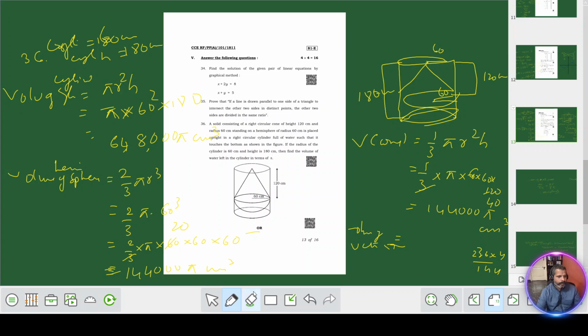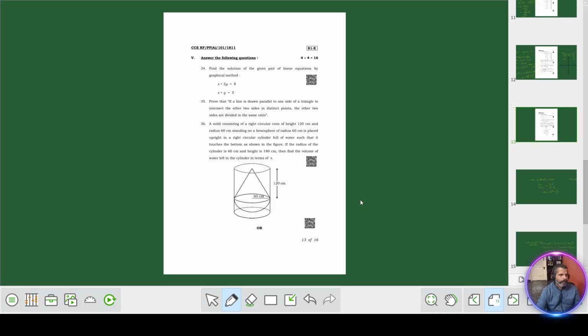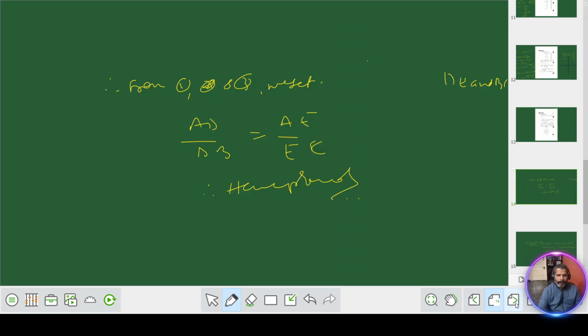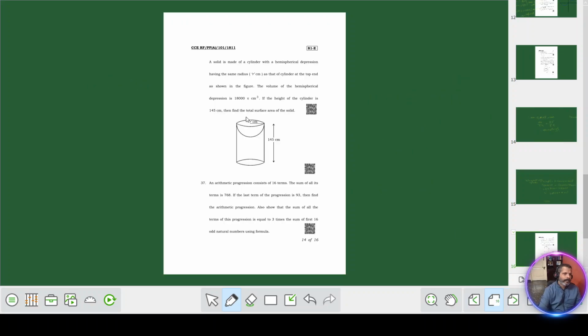If you look here, if you go to the next page, this is the choice question for the 36th one, which is a solid in the cylindrical form having a hemisphere cut at the top. The values are given. Same 36 we are solving here.